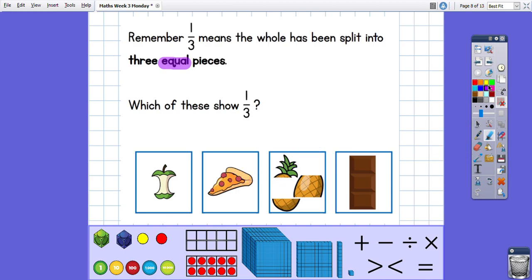What about the pineapple? It's been split into 3, but they are not equal. They have to be equal to show a third. Now my chocolate bar has been split into 3 pieces, and if I was to just take this piece here, that would be 1/3. So the chocolate bar shows 1/3 when I have highlighted a square.